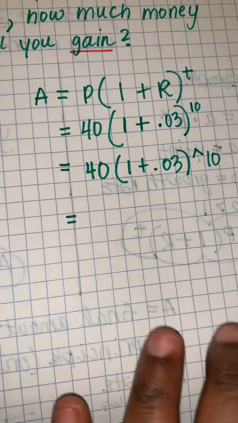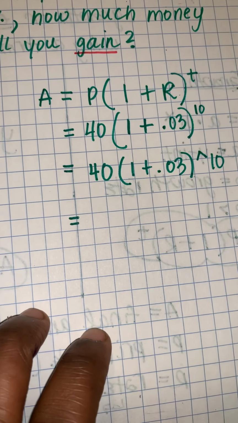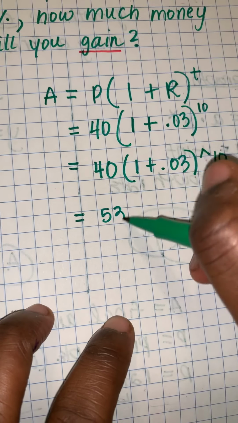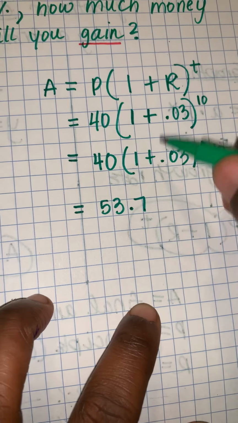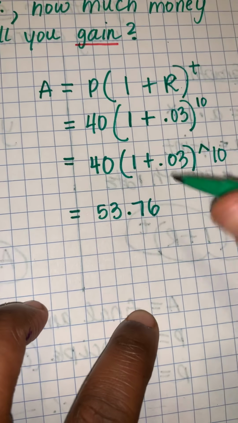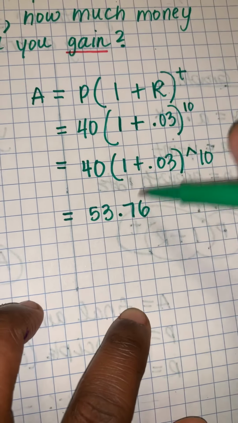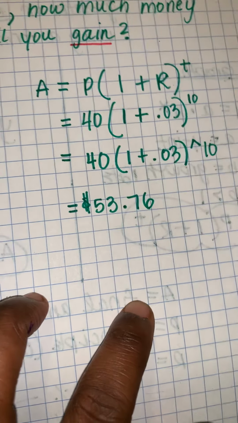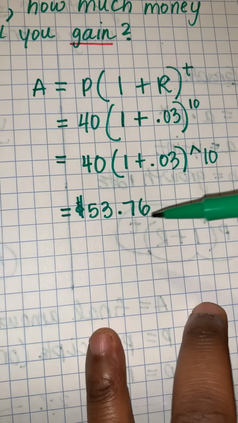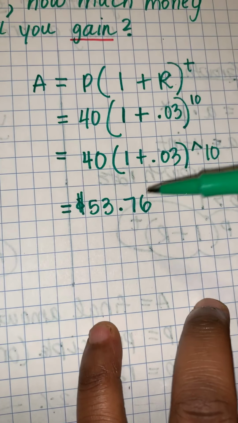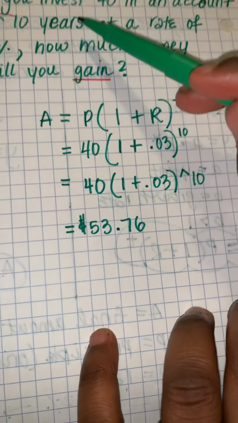And if you do it correctly, you will get 53.76. I rounded to the second value, so just 2 decimal places. You don't need to write the whole thing. So it'll be $53.76. This will be how much money you'll have after 10 years.